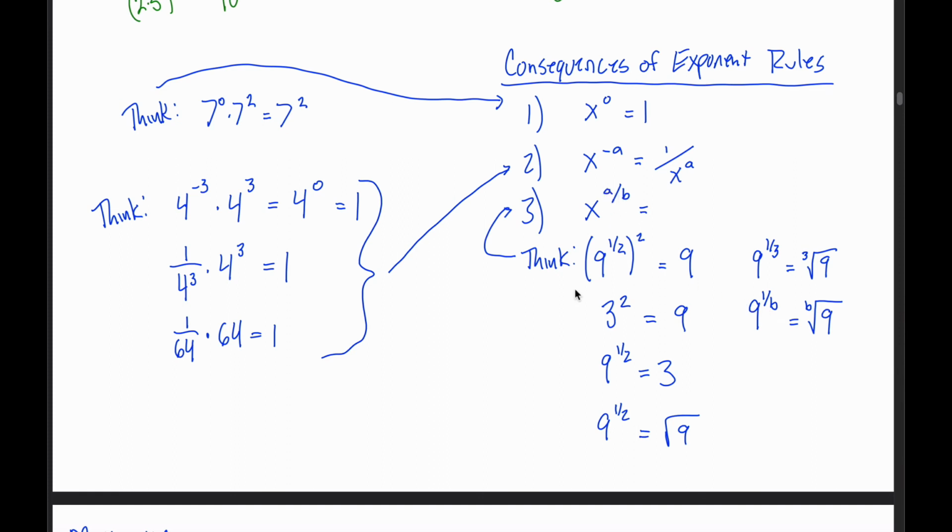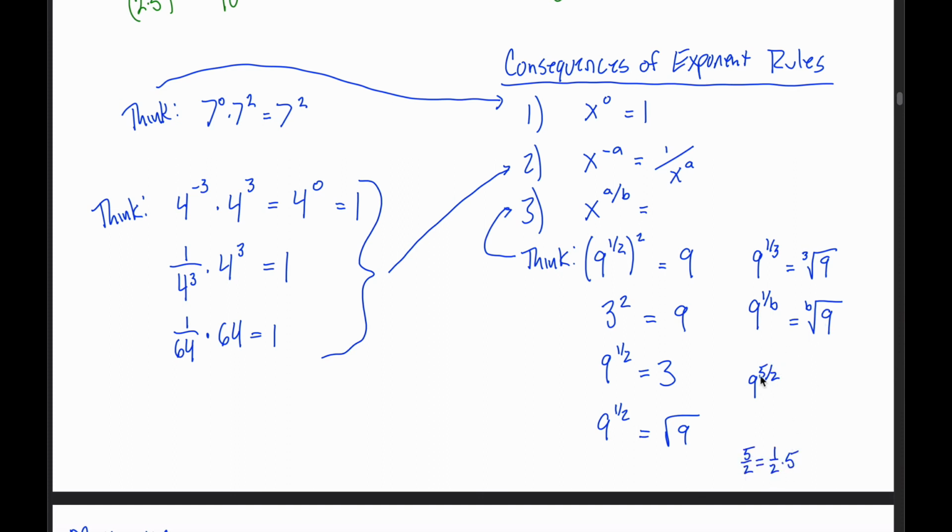But fortunately, the a over b case isn't that much more difficult than this 1 over b case that maybe you understand. What if instead of 9 to the 1/2 power, I had 9 to the 5/2 power, and I had to figure out what that were equal to? Well, 5/2 is just equal to 1/2 times 5.